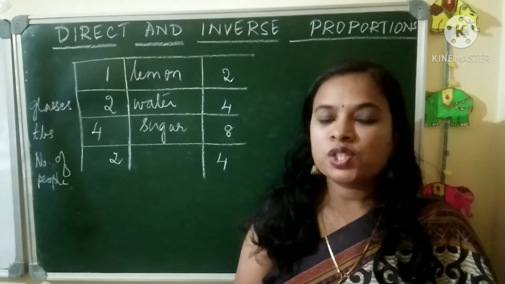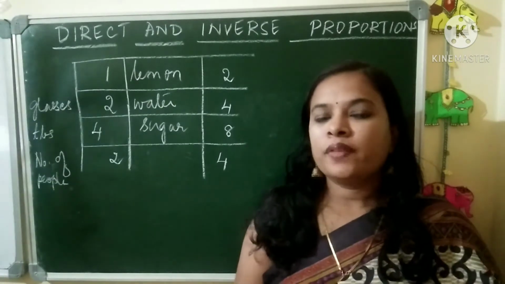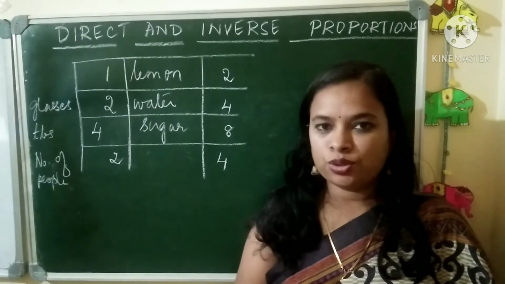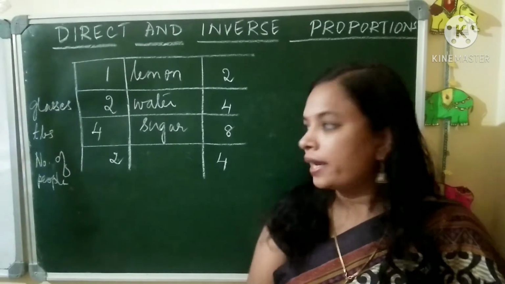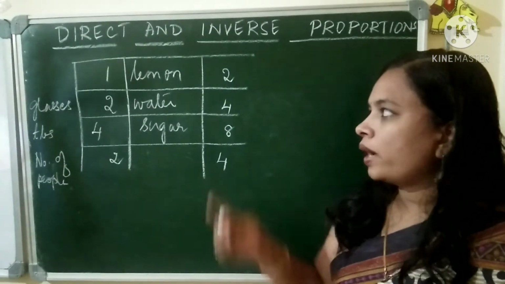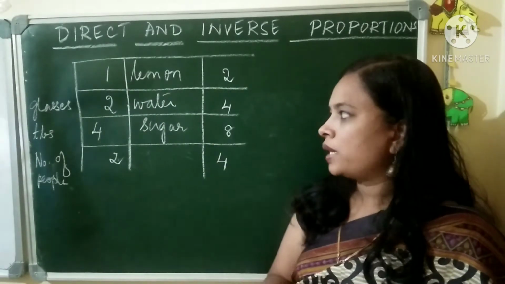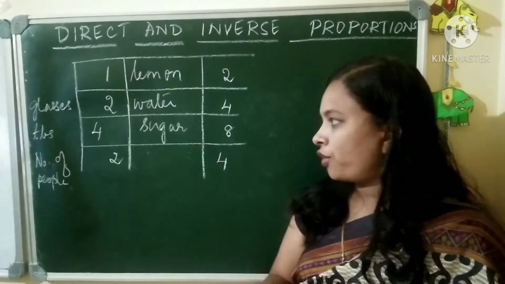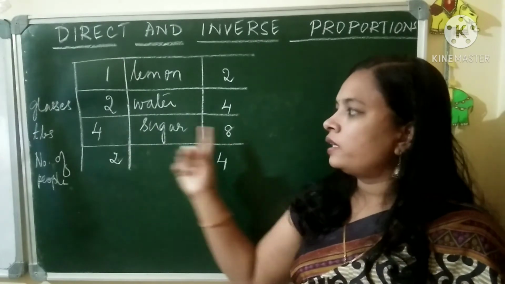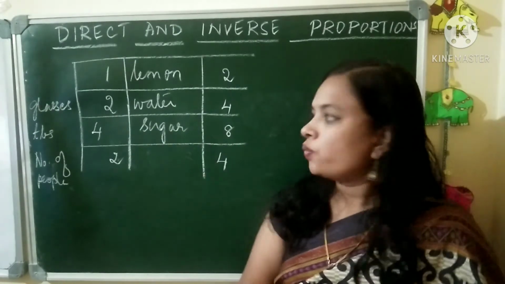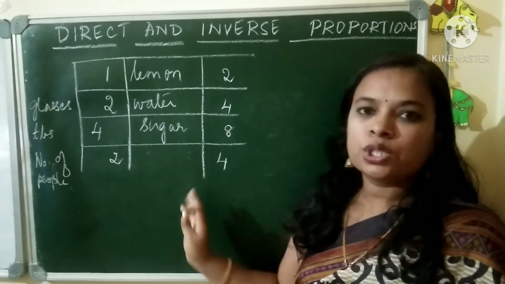Okay children, you just imagine now there are 2 more people coming to your home. If 2 more people are added up, then we may require 2 lemons. So instead of 1 lemon, now we will put 2 lemons, 4 glasses of water and 8 tablespoons of sugar. So what is happening here? What is the observation you can see?